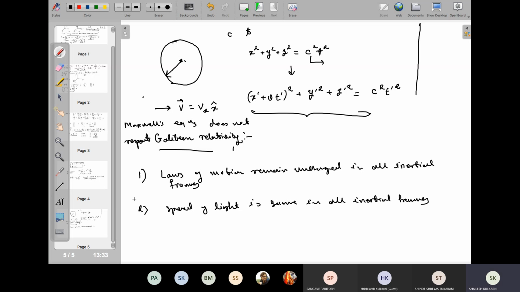These two, 1 and 2, constitute the principle, or you can say postulates, whatever.